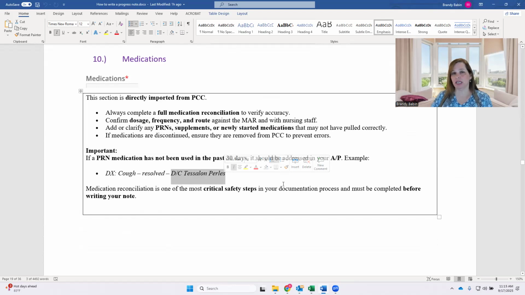Rationale behind that is if they've got an issue and we've started them on Zofran or another medication, within 30 days, if they're not using it, that should be discontinued. So if the problem arises again, then we know we have a trend and maybe it's something bigger than just having nausea twice a month, every other month.